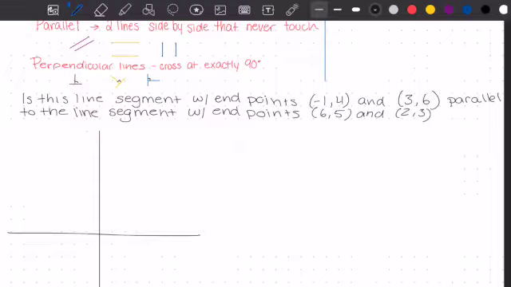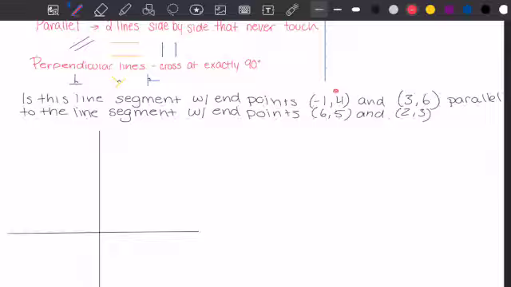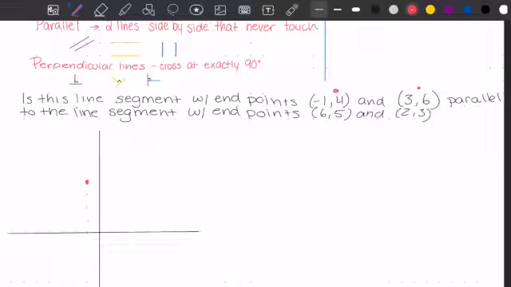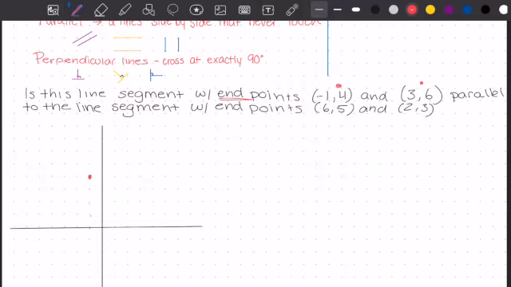So in my graph, I'll do my best to make this as nice as possible. My first line I'm going to do in red here. So -1 and 1, 2, 3, 4, that's my end point, okay? So that's one end of the first line. And the other one is 3 and 6. So 3 and 1, 2, 3, 4, 5, 6. So the line goes through this one like this.